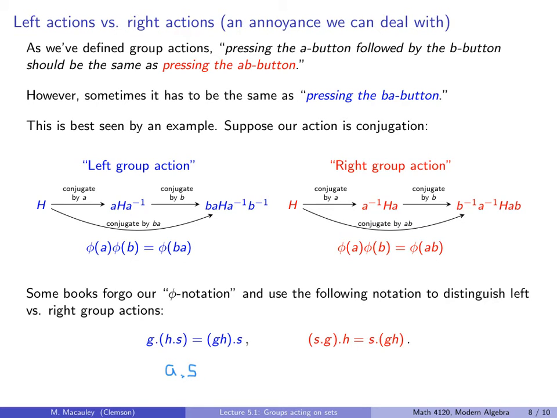Now, of course, multiplying this on the left is just a choice, it's an arbitrary choice. We could instead take our element in the set, and when you apply the action of A, you're multiplying on the right.